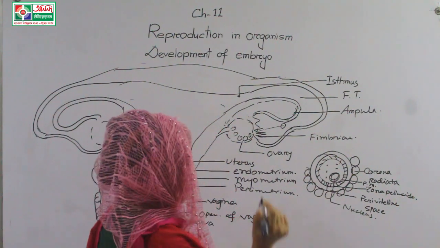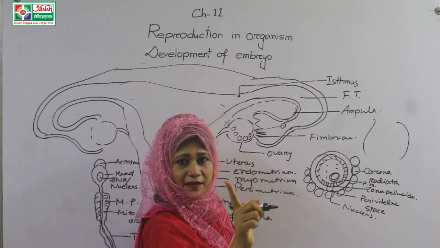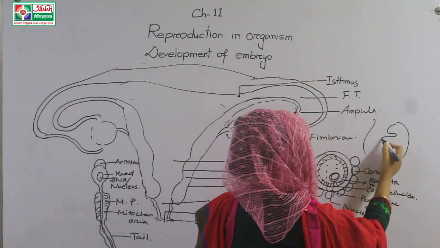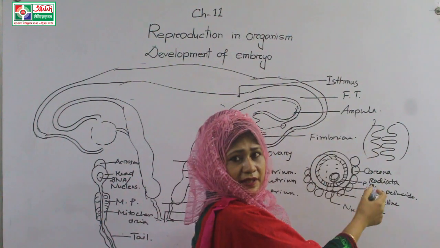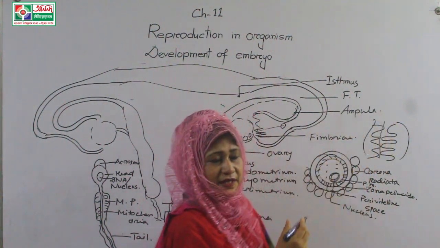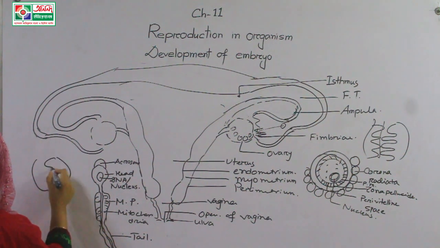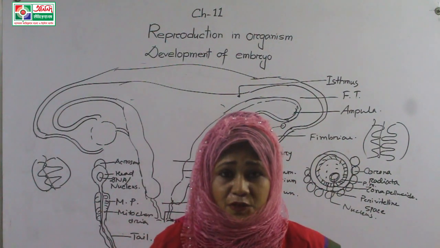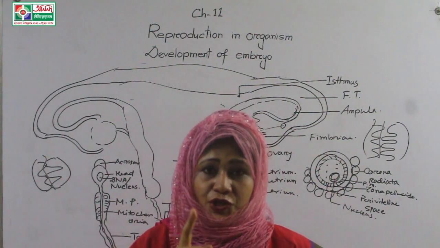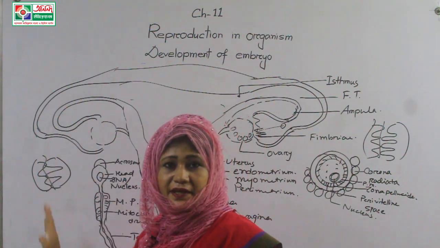So there is a narrower space, and the sperms have to swim through this area.